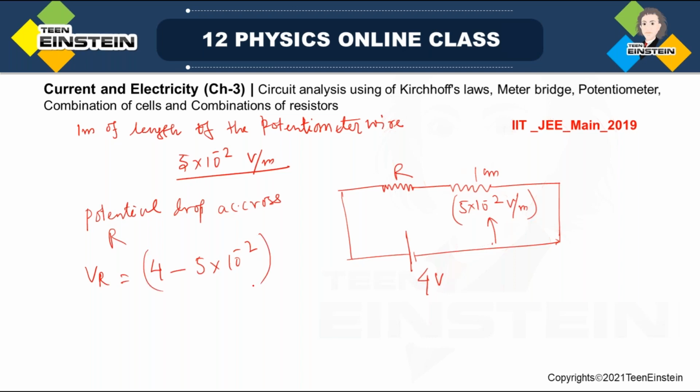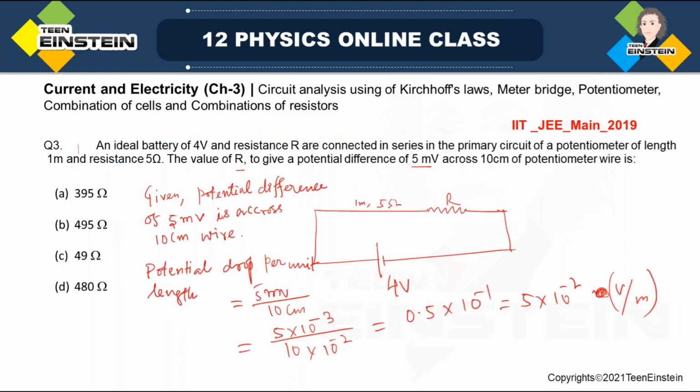So this much will be the potential drop across this capital R. So if I bring it like this, it is 395 divided by 100. So this is the voltage drop across the capital R.